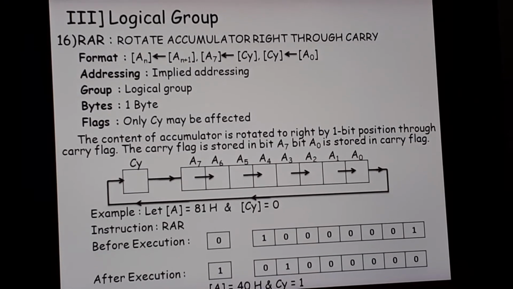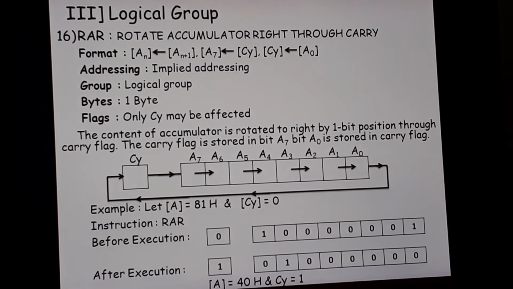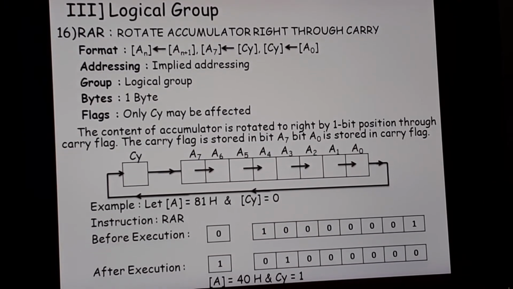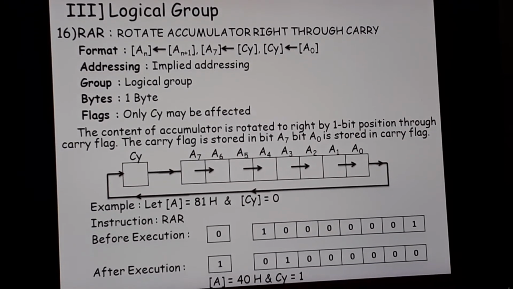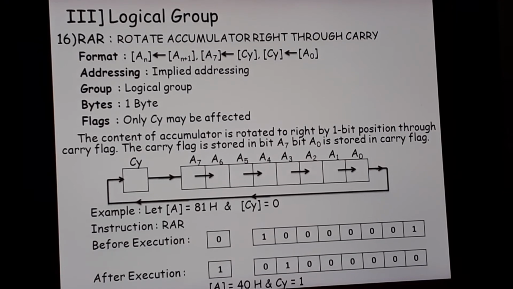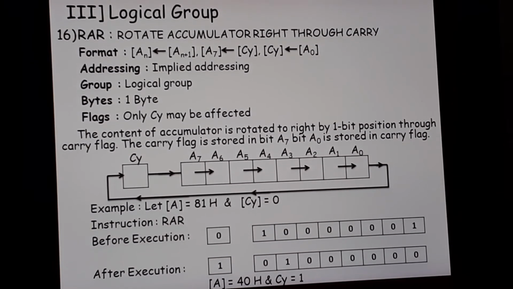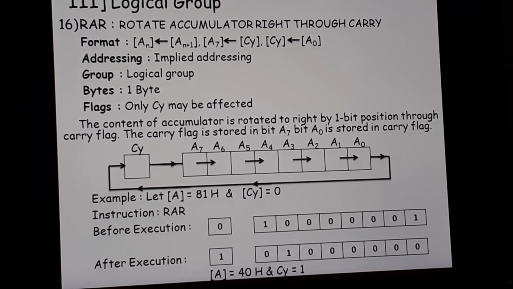So see here in the example I have taken A as 81 and carry as 0. The instruction that I have assumed is RAR. Before execution you will write the data that I have assumed, that is carry 0, and 81 which is 1 0 0 0 0 0 0 1. After execution, first you will shift the A0 bit, that is 1.